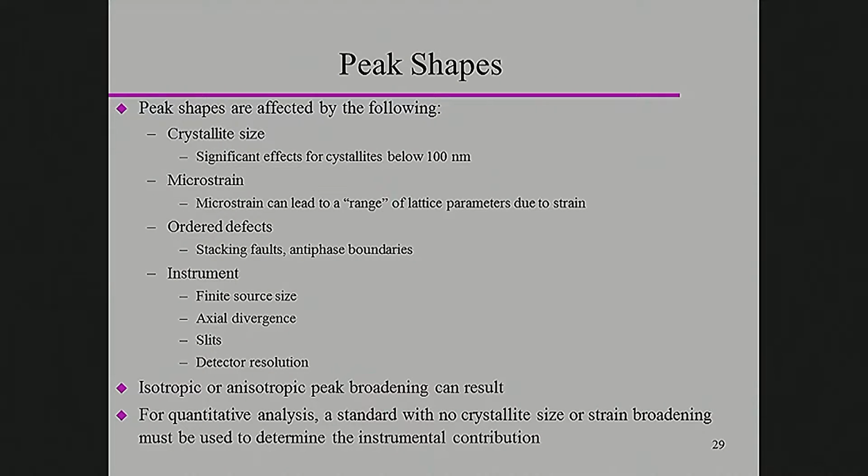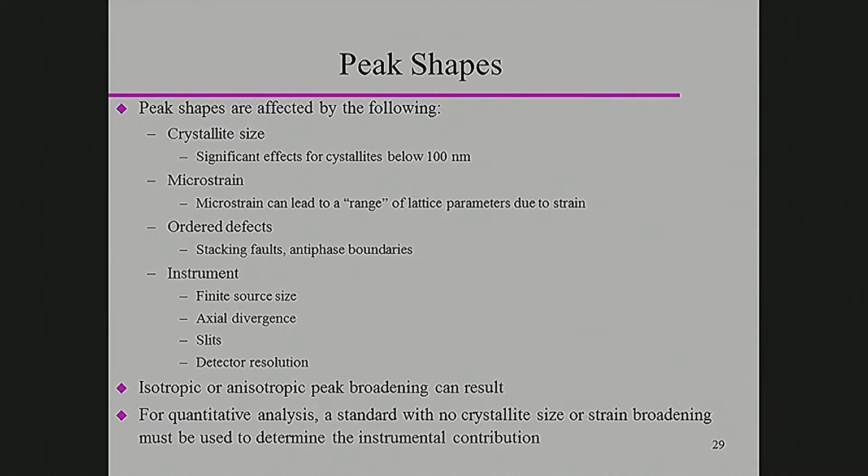The last one that we had to address are peak shapes, right? They contain information about crystallite size, especially if you're below 100 nanometers. Microstrain, because that can lead to a range of lattice parameters. Ordered defects, but there's also a contribution from the instrument that we cannot neglect. Okay, that's the finite source size.